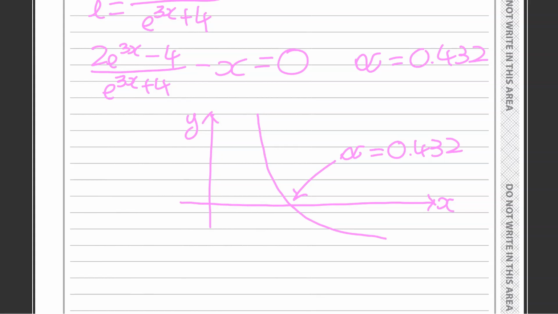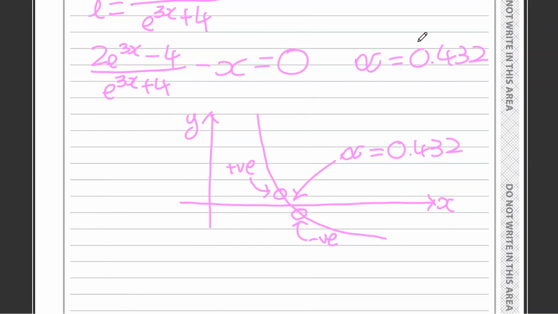Remember, if we take a point here and a point here, and we sub this x value into this equation, this will be a positive value, and if we sub this x value into this equation, this will be a negative value, or vice versa. The point being is around this point we would get a sign change, and this proves that there is a root between these two values.